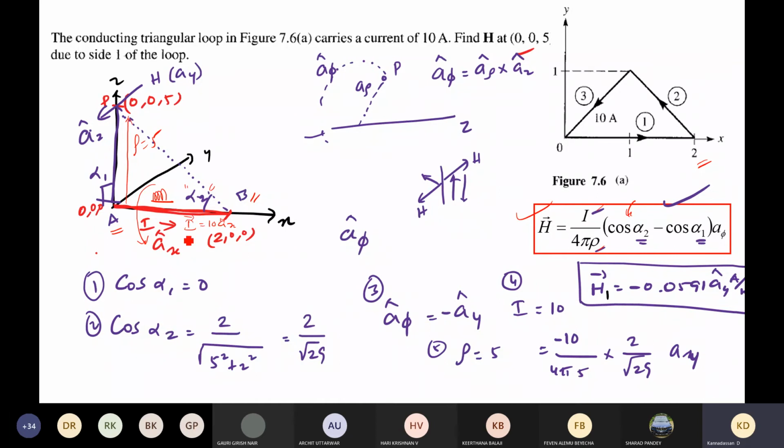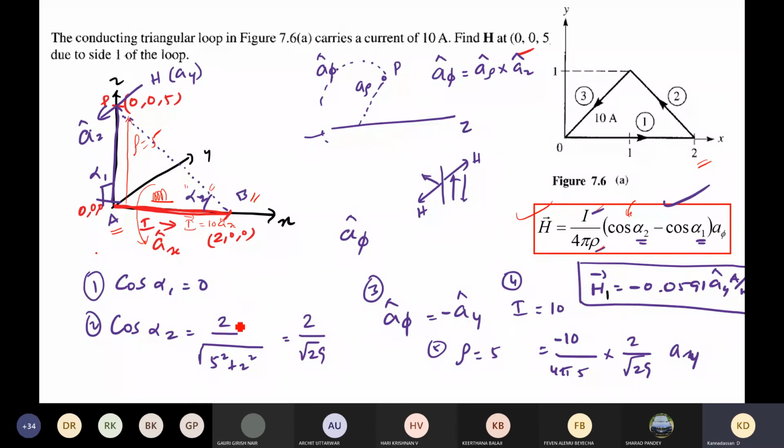For cos alpha 2, you can make it a simple triangle. The adjacent side is 2 and the opposite side is 5. So we can easily calculate the cos, which is the adjacent side divided by the hypotenuse.